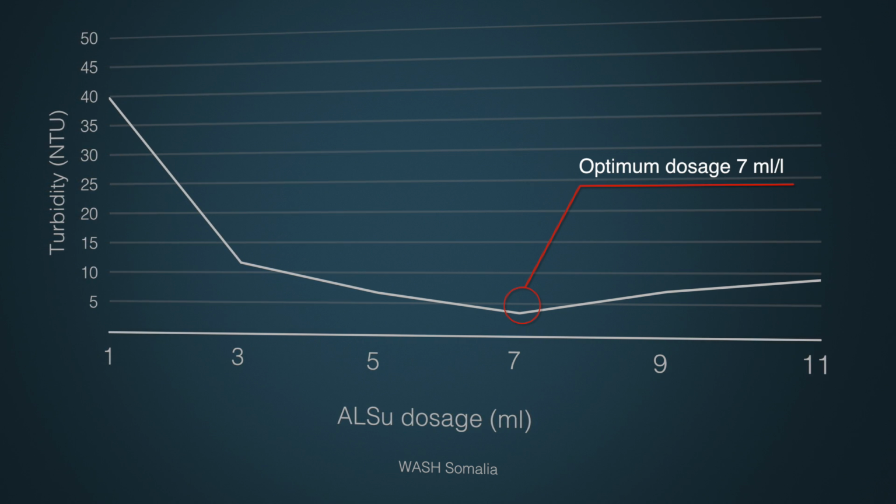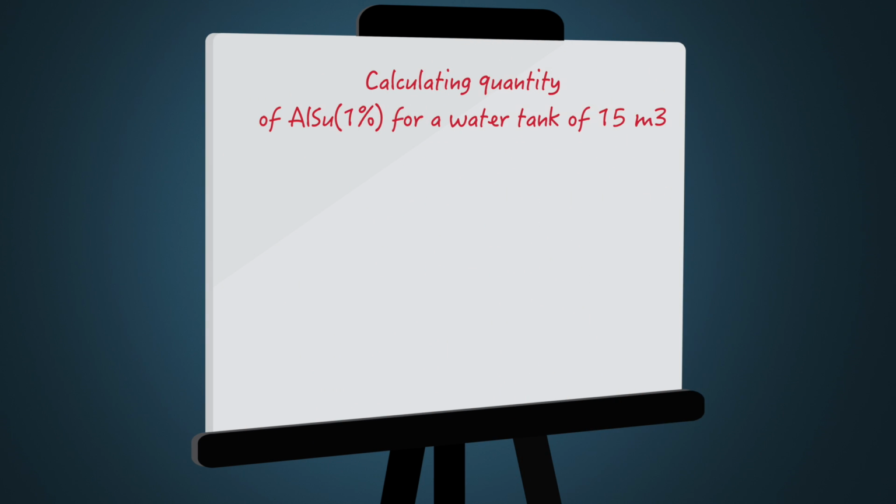Let us now calculate the quantity of 100% aluminium sulfate powder needed to pre-treat a water tank of 15 cubic metres. First, we must calculate the amount needed for 1 litre. To obtain the stock solution of 1% aluminium sulfate, we used 10 g, which is the equivalent to 10,000 milligrams, per 1,000 millilitres.